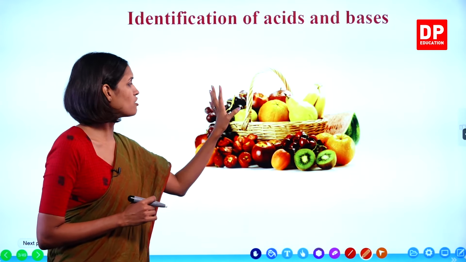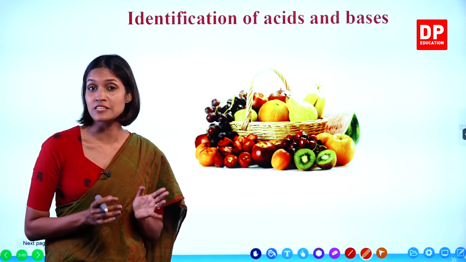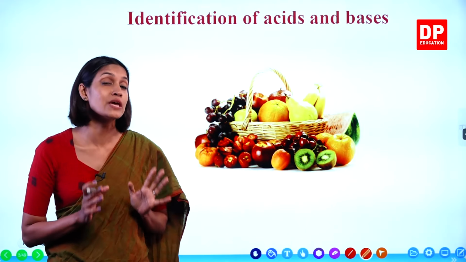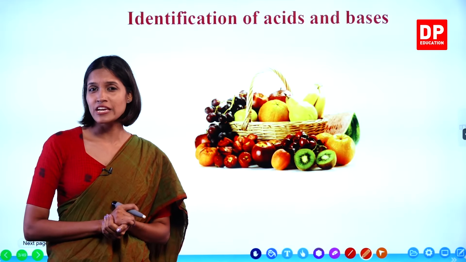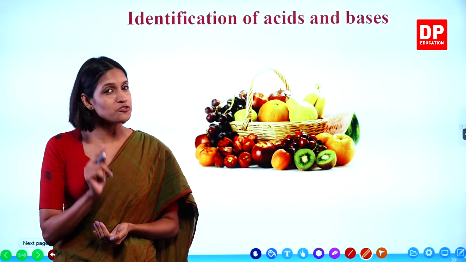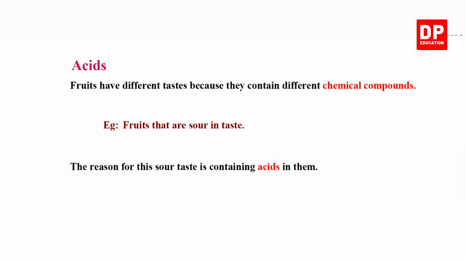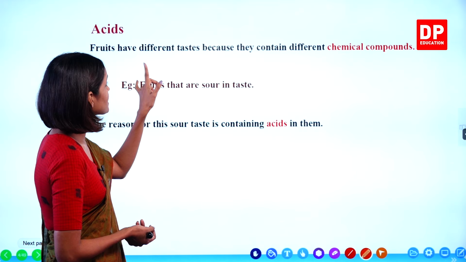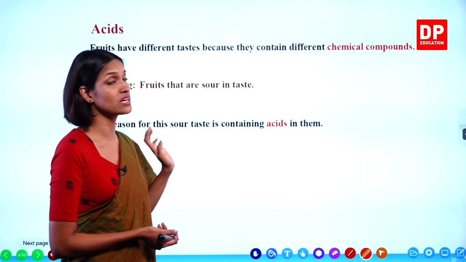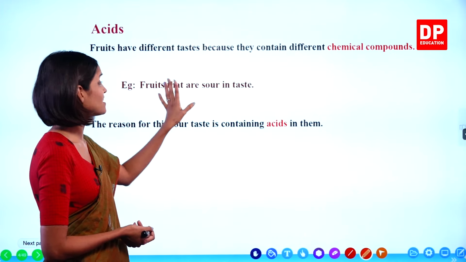The sour taste of these fruits is present because of a special reason, because of the presence of a special chemical substance. That chemical substance is known as acids. Now you are going to learn about acids. So, what are acids? Fruits have different tastes because they contain different chemical compounds, for example fruits that are sour in taste.